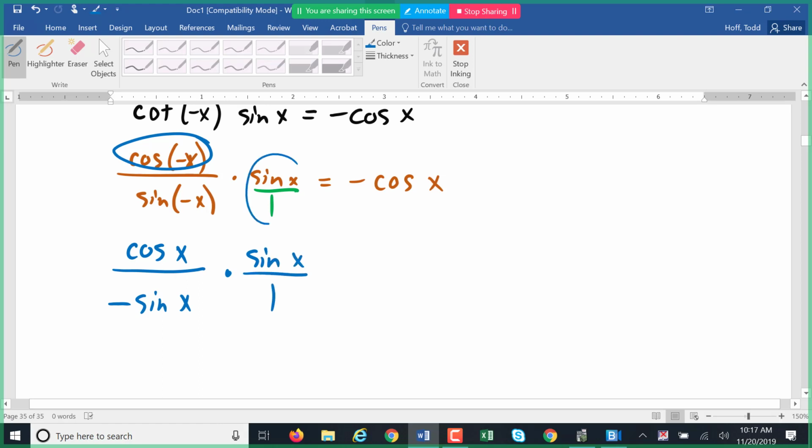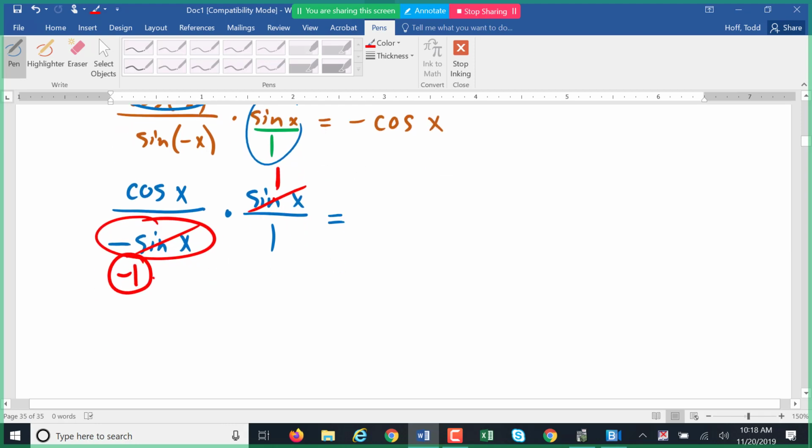And I'm multiplying by that sine of x over 1. Well, here I can see I can cross cancel the sine of x. Now I have to be careful. Down here, I have negative sine of x divided by sine x. That leaves me with a negative 1 down there. Here, sine of x divided by sine of x is just a positive 1.